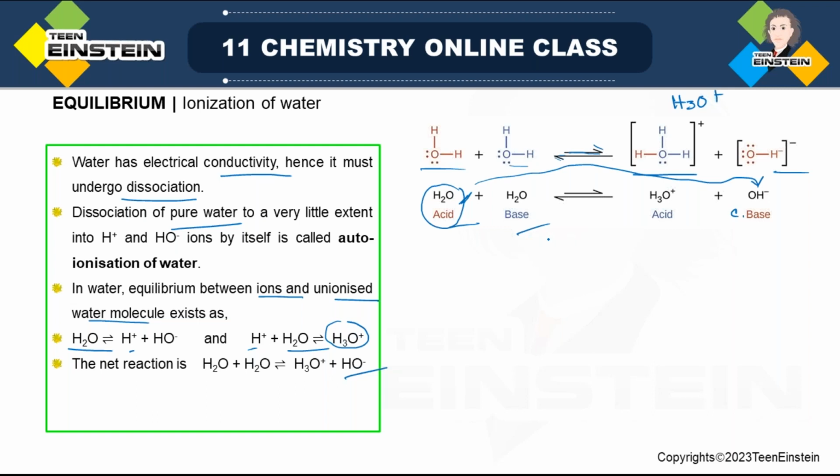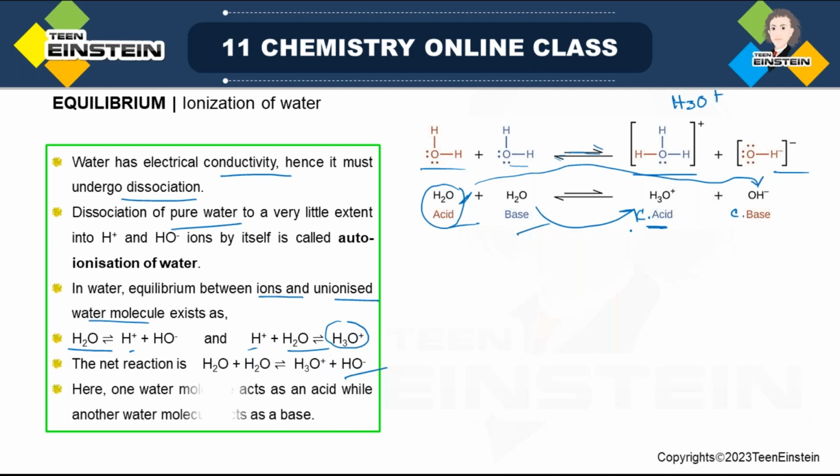That is the reason it is behaving as a base, because it is capturing H+ according to Bronsted theory. So this H3O+ is basically the conjugate acid of this. Fine. One water molecule behaves as an acid, producing HO-. Another water molecule behaves as a base, producing H3O+. That is mentioned in the last statement.